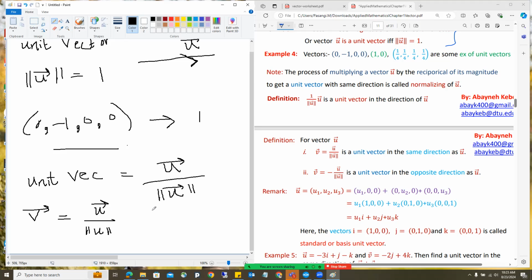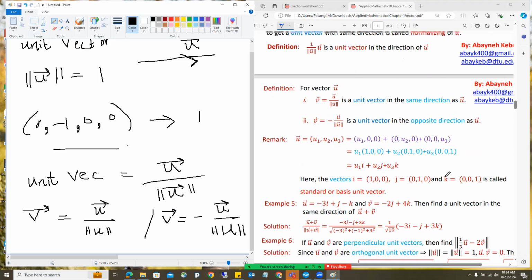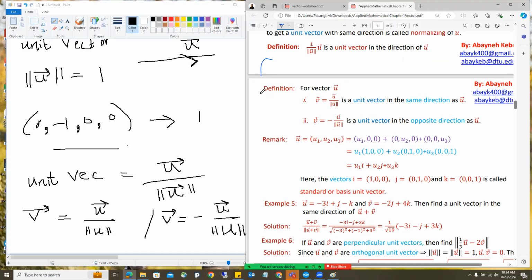But what will happen if we have vector v equal to minus vector u divided by the magnitude of u? If we have a minus here, what will happen?